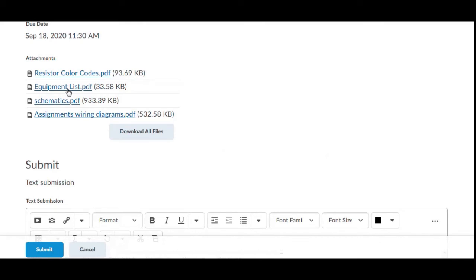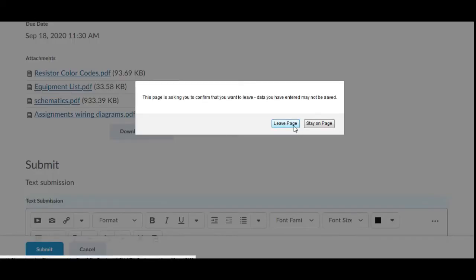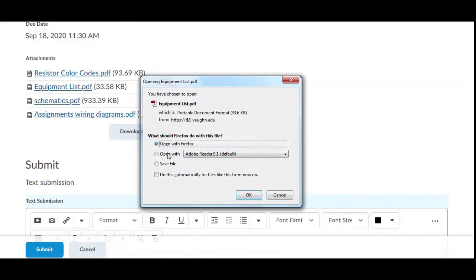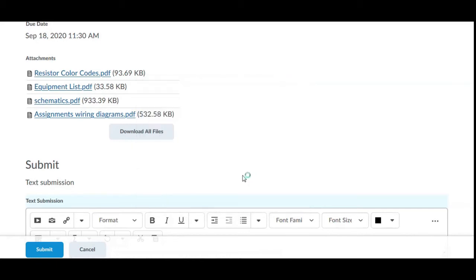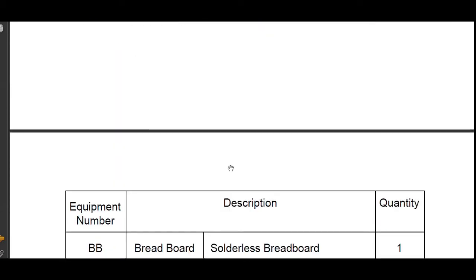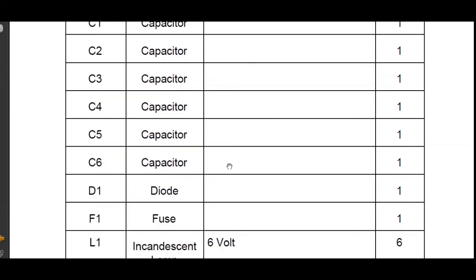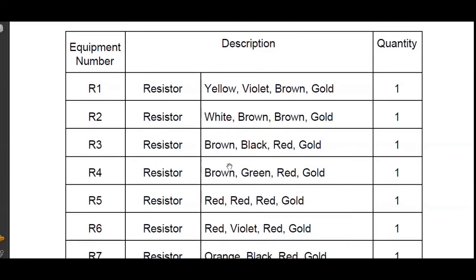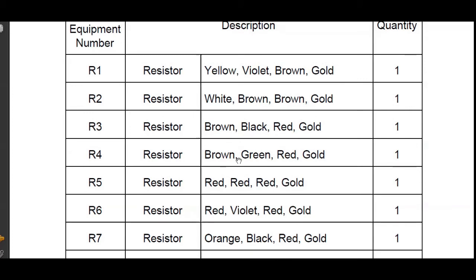And we have our equipment list right here. Let me open it up with Adobe. And here's our equipment list. R4 is brown, green, red.